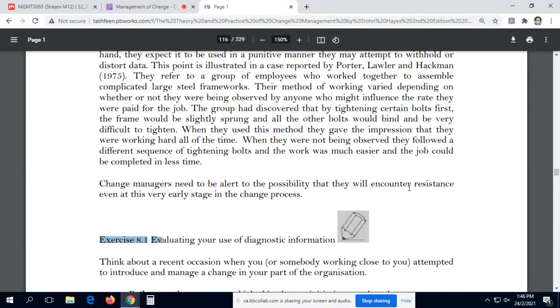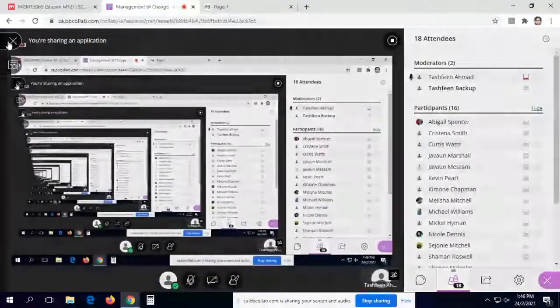And then they have given in figure 8.2 the results from the BBC staff survey. You can look at that, so the Burke and Litwin picture will be more clear. That is it for this one.